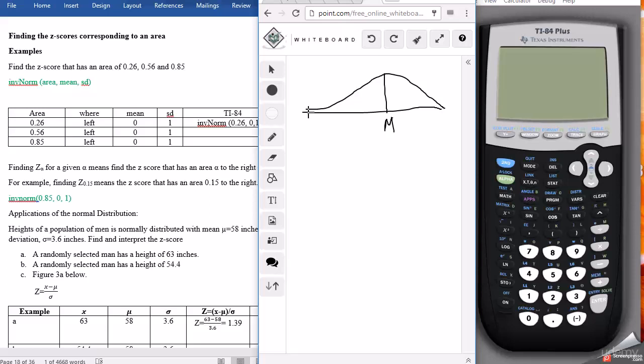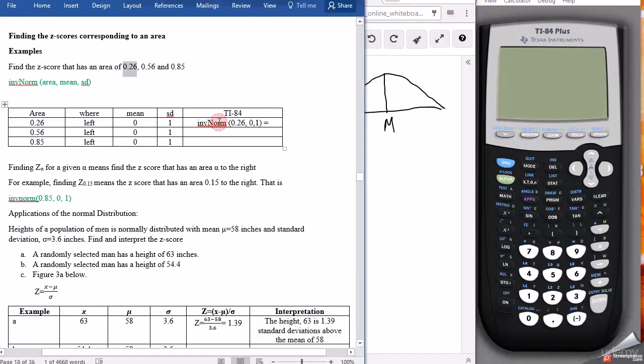Remember that when we are computing the area, we're starting from the left. So an area of 0.26 is going to be somewhere here. What we are trying to do is find the z-score that corresponds to this area right here.